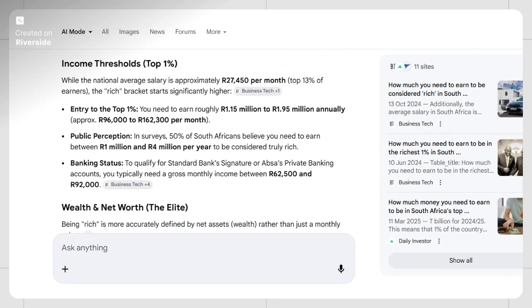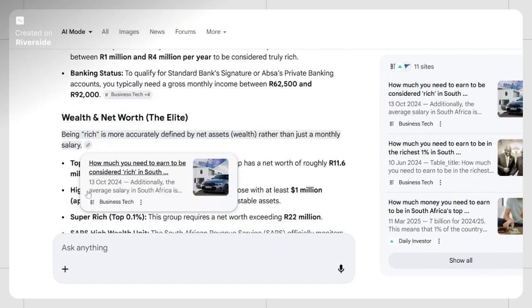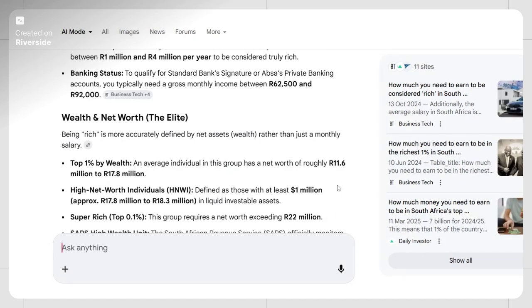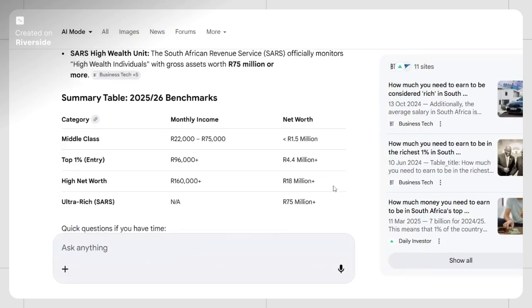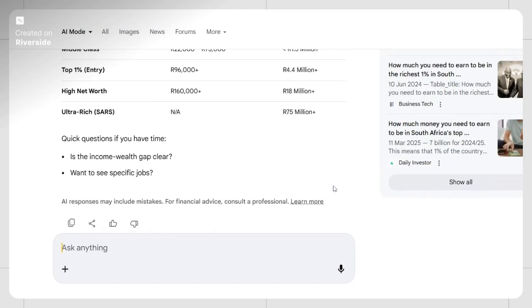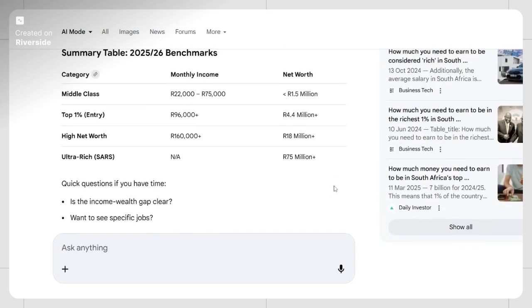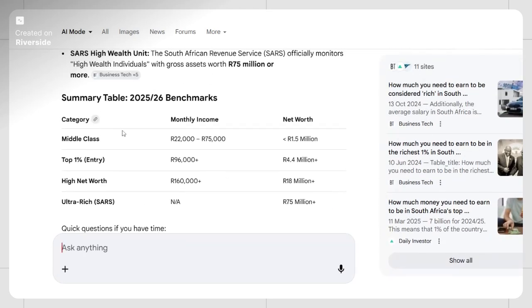So we go here. Where is to be rich? Ultra rich. There we go. The summary table: the benchmark category middle class, 22 to 75%, and you have to have at least 1.5 million per year. The top earner, top 1% entry, 96,000 per month, 4.5 million per year.